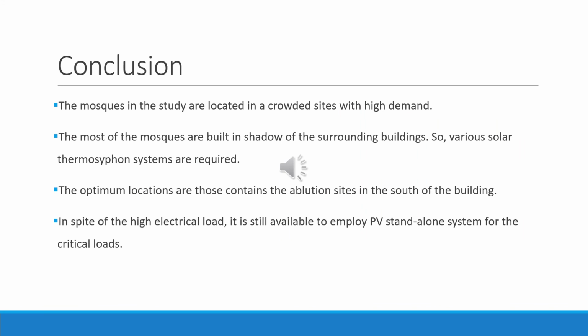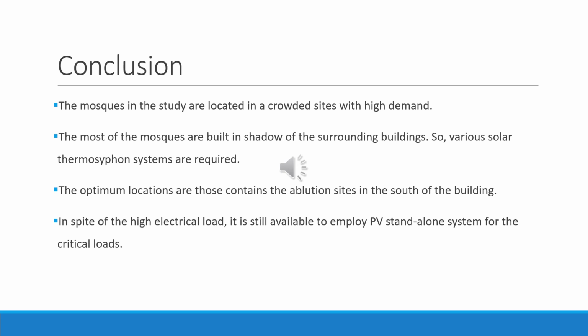In conclusion, the mosques in this study are located in crowded sites with high hot water heating demand, and most of the mosques are built in the shadow of the surrounding buildings because they are in the city center.